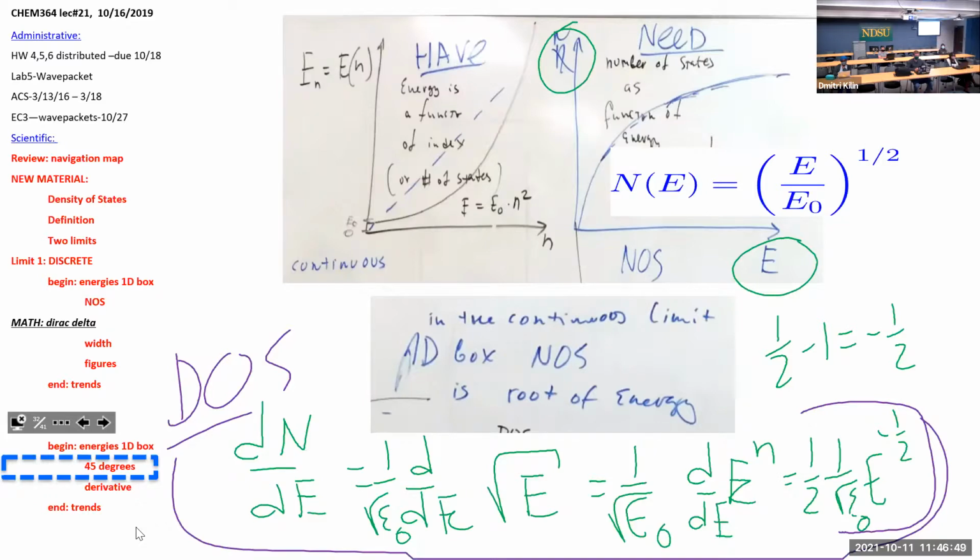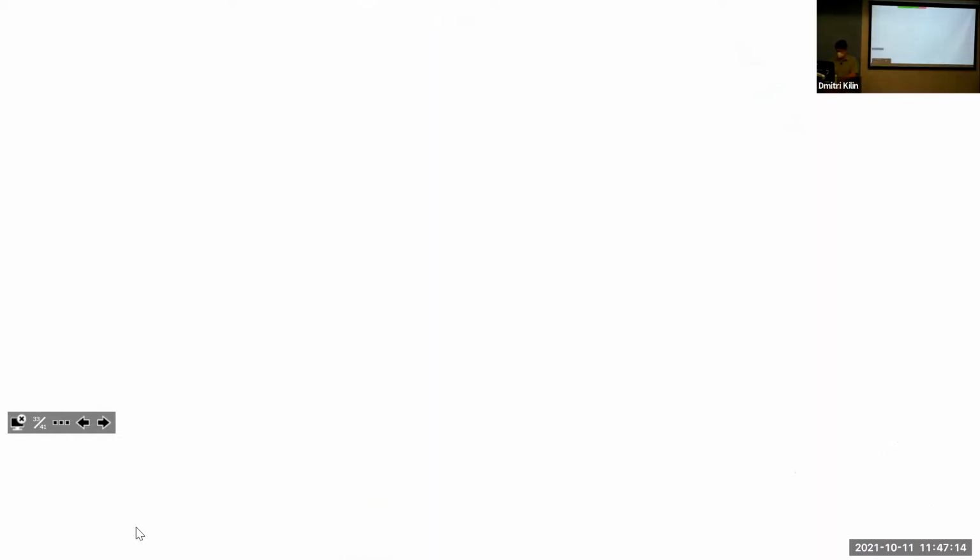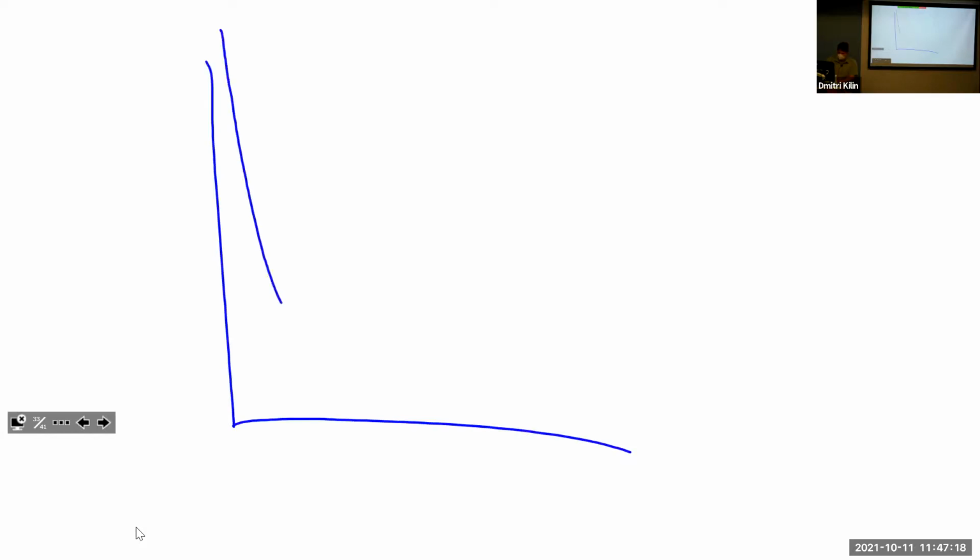Now, what would happen to the function if it's not 1 over x, which means x to the power -1, right? If the power is a little shallower, it will be the same feature, but not as sharp, right? So 1 over x.